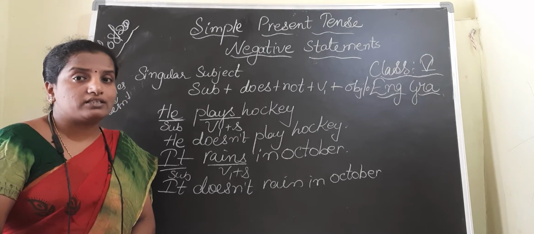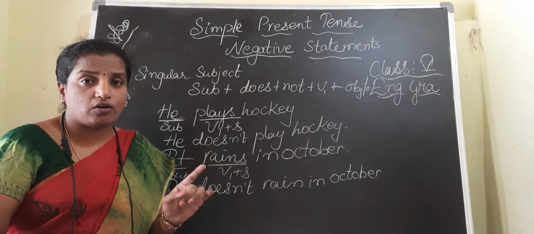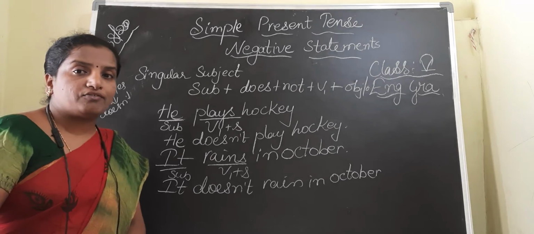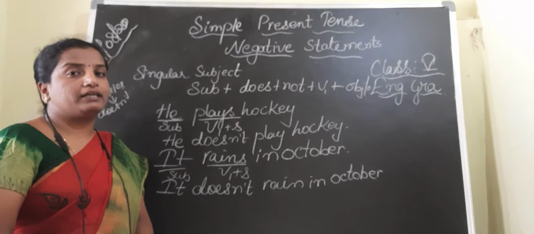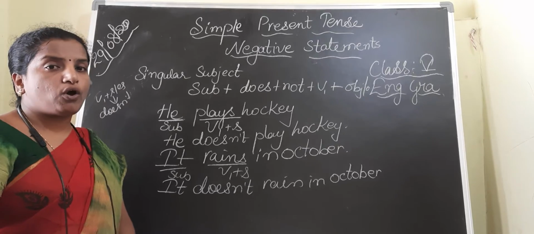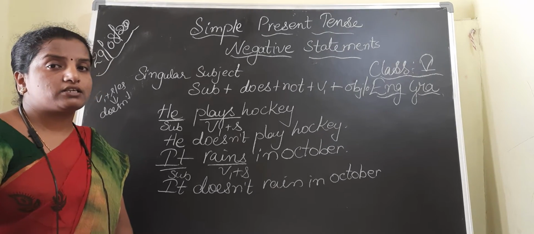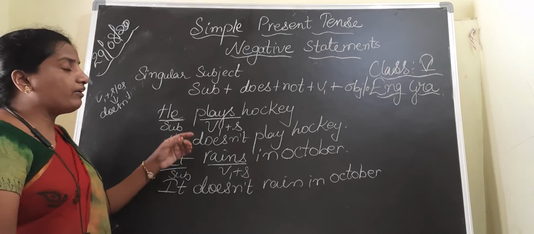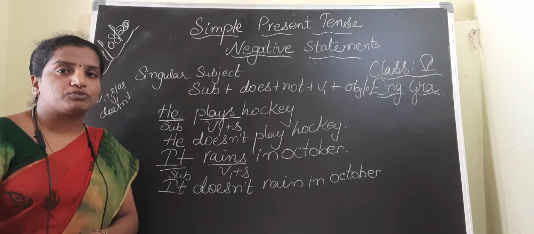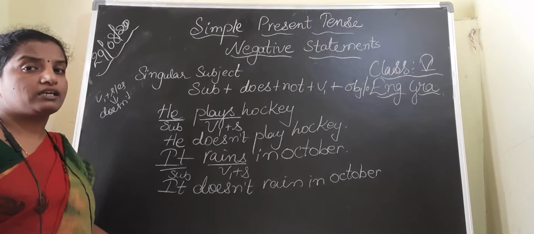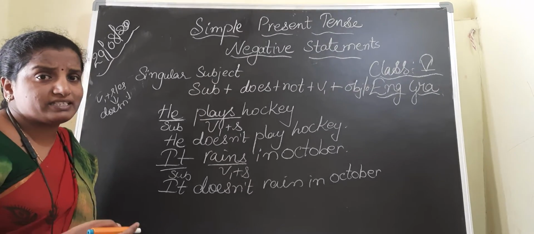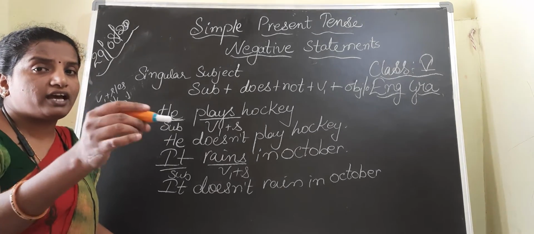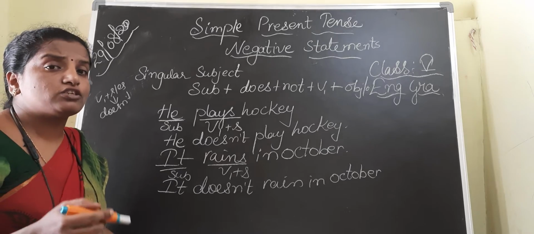When there is a singular subject and V1 with s or es in the statement, to write the negative form you have to use does not. What do you have to use? Doesn't. And when we are talking about a plural subject, definitely in the positive statements, as we have learnt, we use V1 only. If there is V1, we have to use don't.